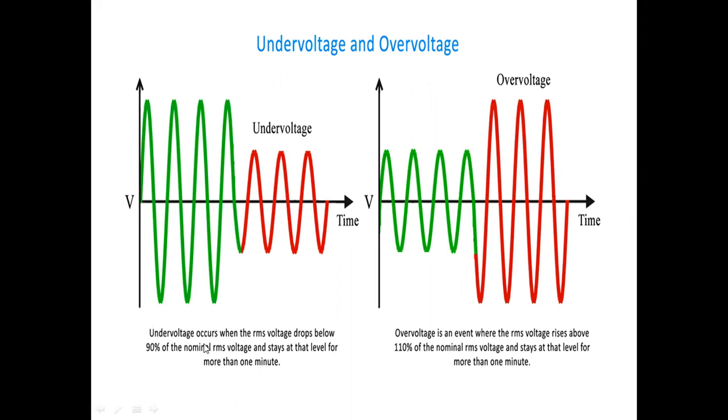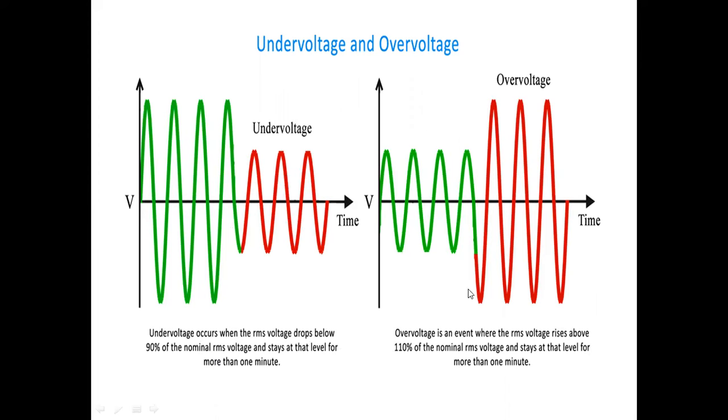This is the definition: under voltage occurs when the RMS voltage drops below 90% of the nominal RMS voltage and stays at that level for more than 1 minute. This dropped voltage maintained for more than 1 minute is only then under voltage. If it is less than 1 minute, that is not under voltage.